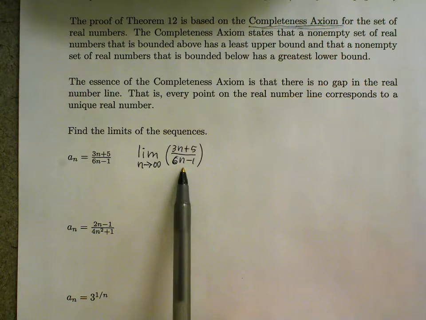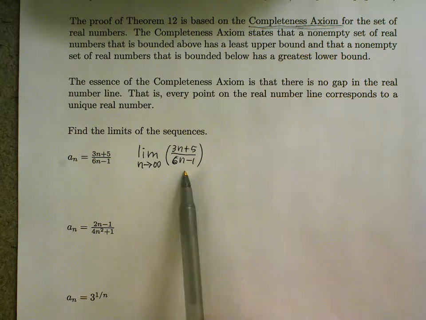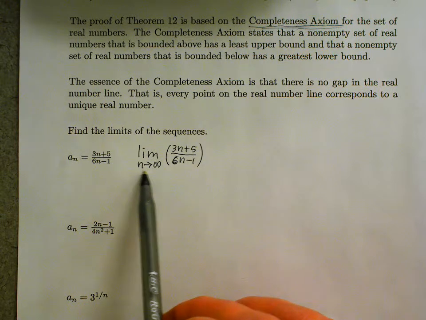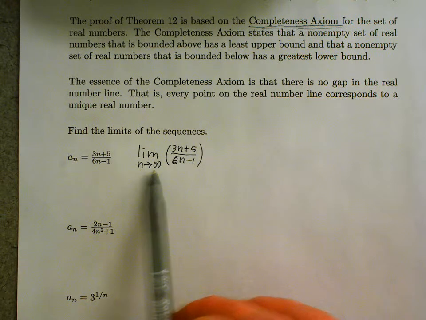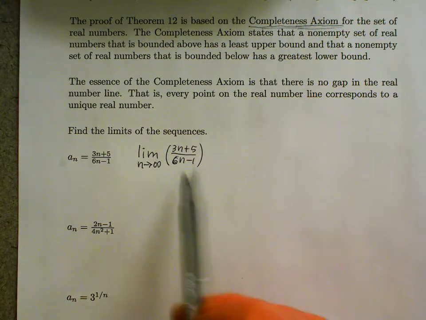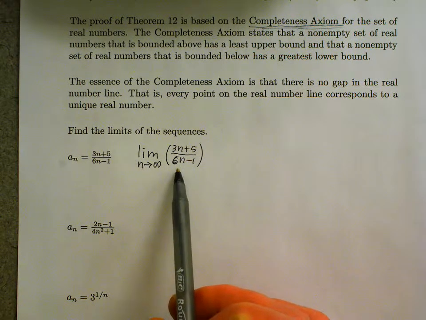This is a rational expression in the variable n. So if we want to compute the limit as n approaches infinity, one technique is to note the largest power of n in the denominator.